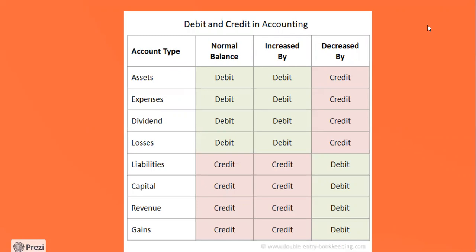Normally, assets, expenses, dividends and losses have the same normal balance, which is on the debit side, and an increase in those accounts is recorded on the debit side, and a decrease is recorded on the credit side. Now, liabilities, capital, revenue, and gains have the same normal balance, which is on the credit side, and an increase in those accounts is recorded on the credit side, and a decrease is recorded on the debit side. Okay?